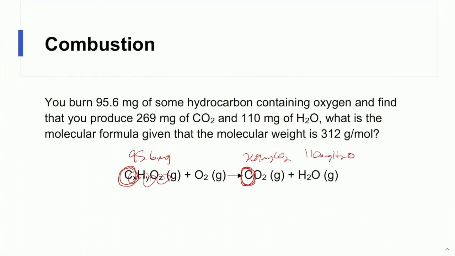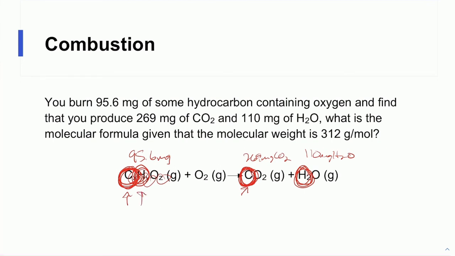So we're going to assume 100% completion of a reaction. All the mass of carbon that's in this carbon dioxide had to have only come from the mass from my hydrocarbon. So if I found out how much carbon was here, I could find out how much carbon was in my original sample. The same thing happens for hydrogen. It's only in water here and only in my hydrocarbon here. So I can actually solve for that.